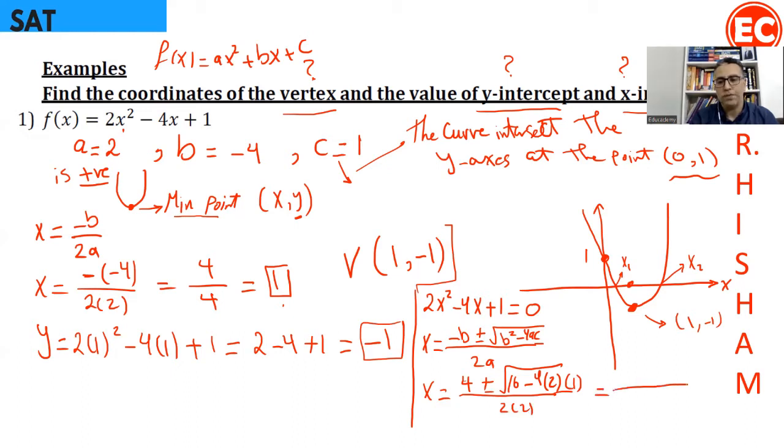So it's 4 plus or minus the root of 16 minus 8, which is 8, divided by 4. So it's 4 divided by 4 is 1, plus or minus the root of 8 over 4, which is 2 root 2 over 4, so half root 2. So it's 1 plus or minus half root 2.